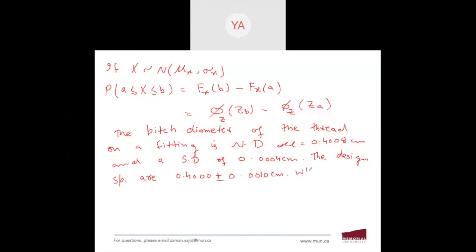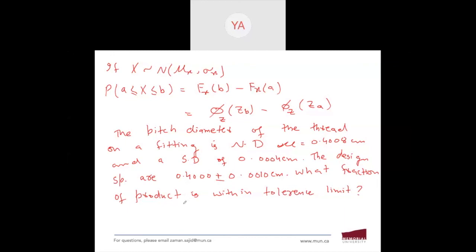The objective is: what fraction of product is within the tolerance limit? So this is the range of your F of X.